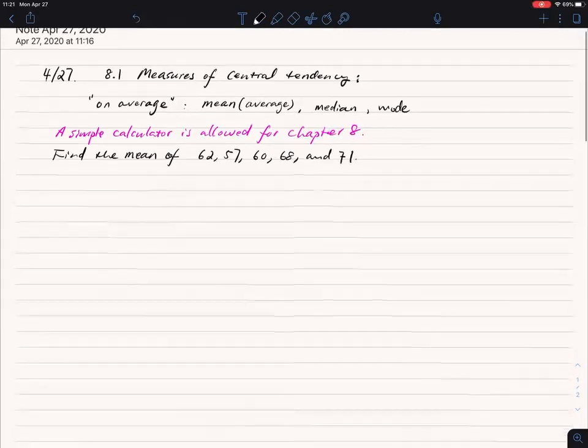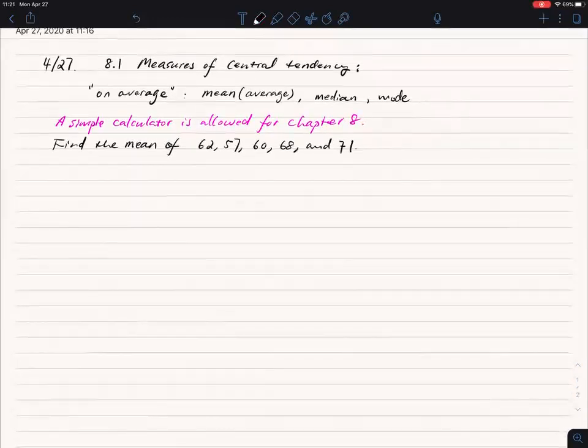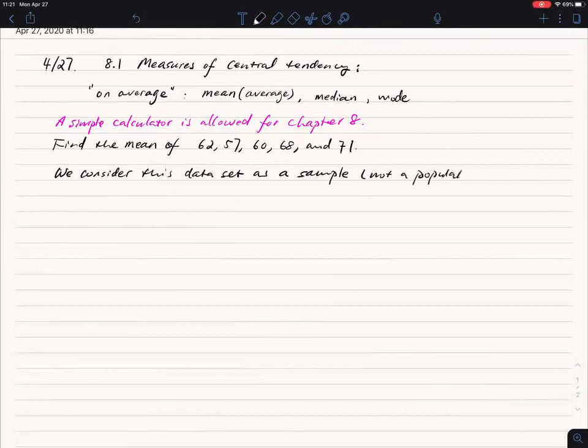Okay, here we consider this data set as a sample. So not a population.